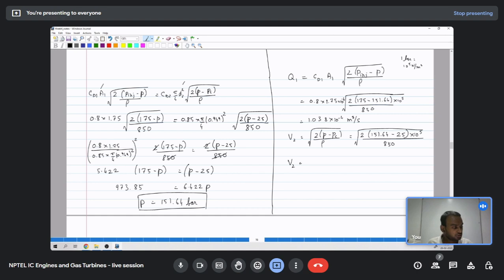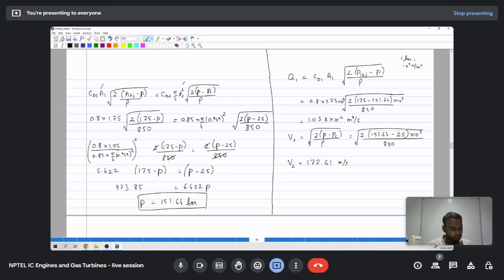Can someone solve this? 172.61. 172.60. Is everyone getting the same value? Yes, sir.